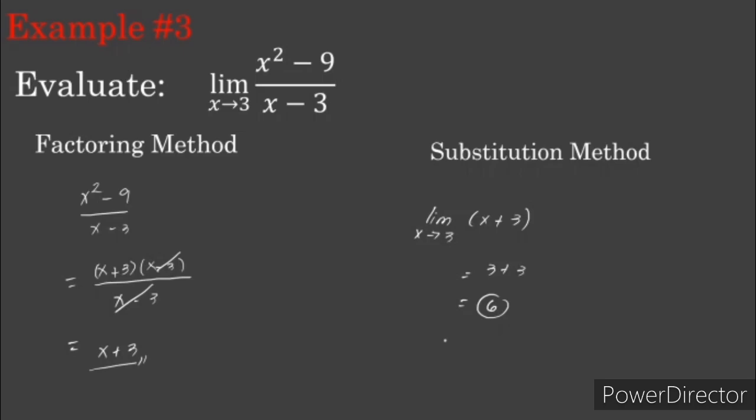That means, therefore, the limit of the function exists. Kasi hindi naman siya undefined. Or, simply, the limit of x squared minus 9 over x minus 3 as x approaches to 3 is 6. So, that means the limit does exist.